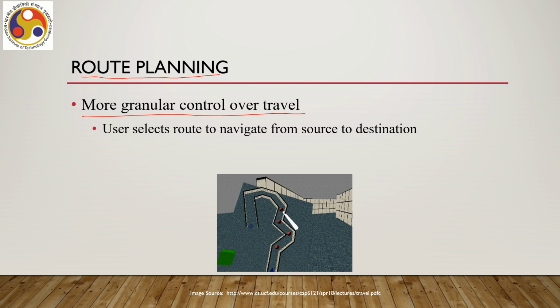There may be multiple routes, and the user selects a route that takes the user to the target in the virtual world, and while moving through that route, different changes in viewpoint are implemented, so that the user feels that he or she is moving along a path. So, it is a little bit more natural kind of movement as compared to target based teleportation type movement.